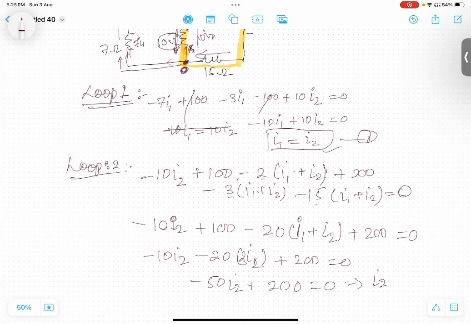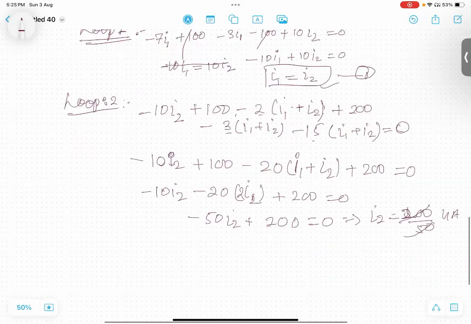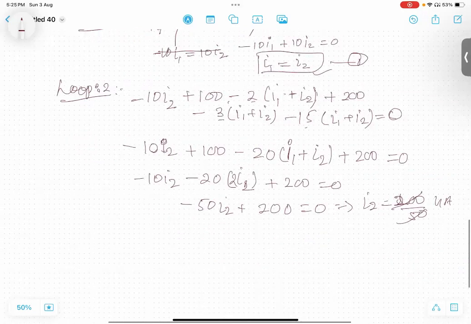Further solving it, I get I2 as 200 divided by 50, and we are getting 4 amperes. So I am getting I2 as 4 ampere. It will give I1 also as 4 ampere.